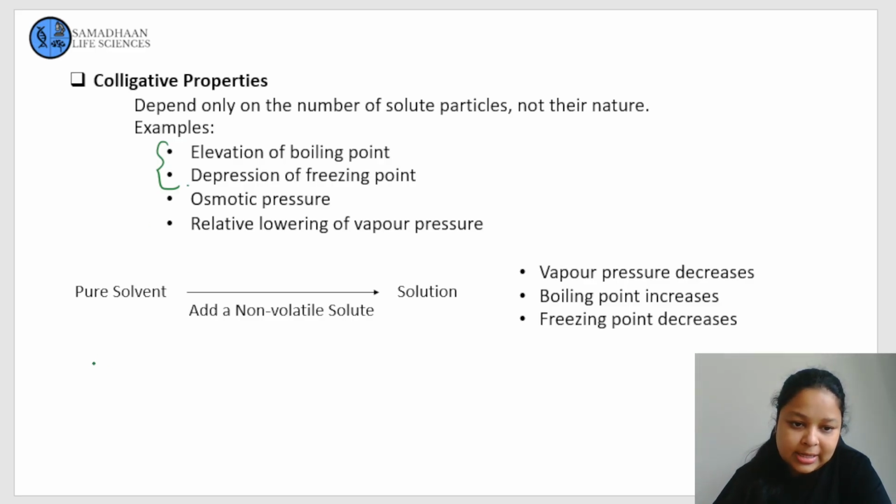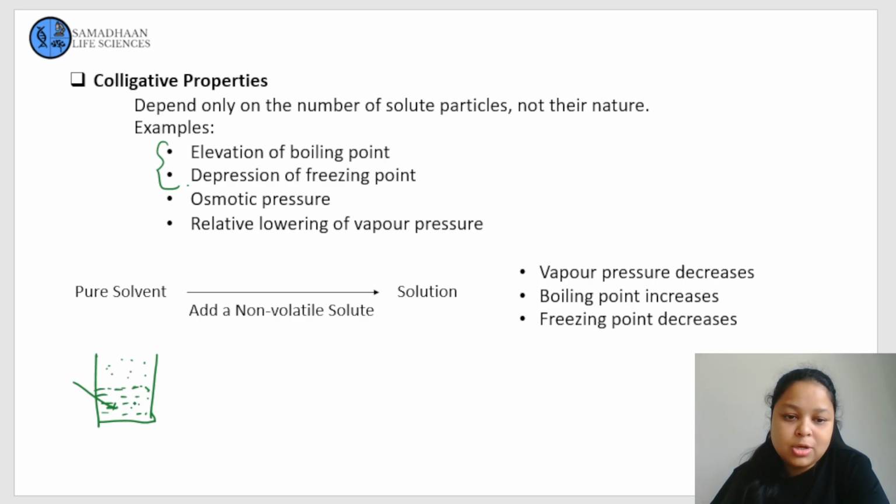Now to understand this, suppose we have some kind of solvent in a container. Above the surface of this solvent we have vapor which creates vapor pressure. When we add a non-volatile solute to this solvent, then the particles of the solute occupy some of the surface of the solvent, so fewer solvent molecules can escape into the vapor phase, which decreases the vapor pressure.